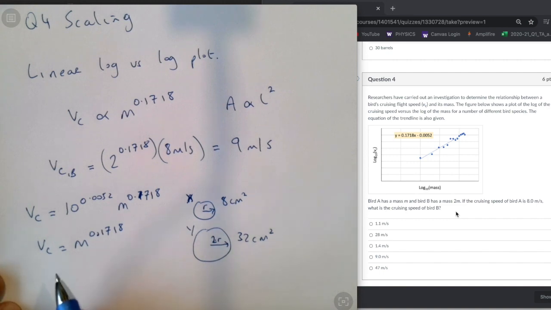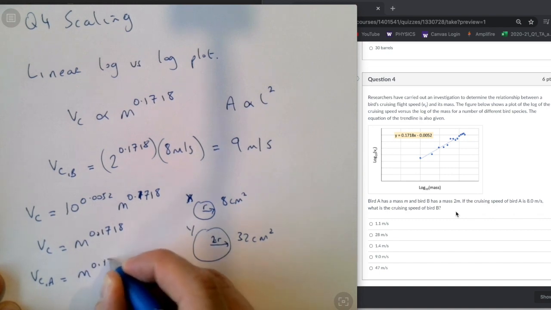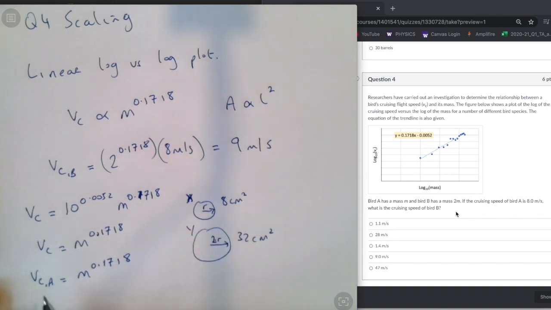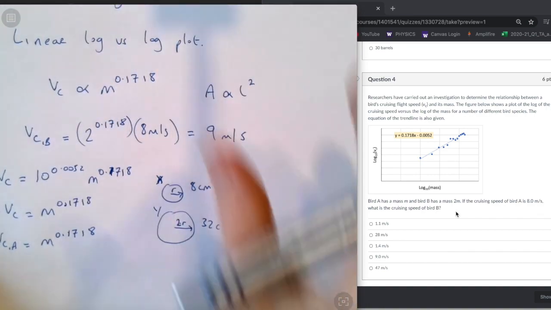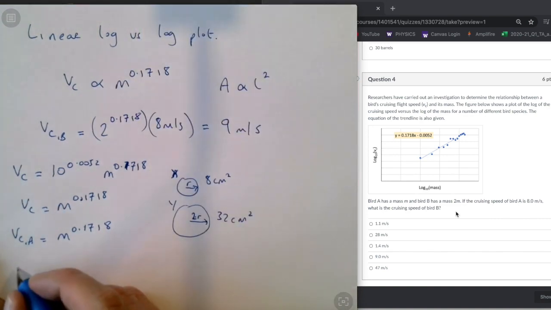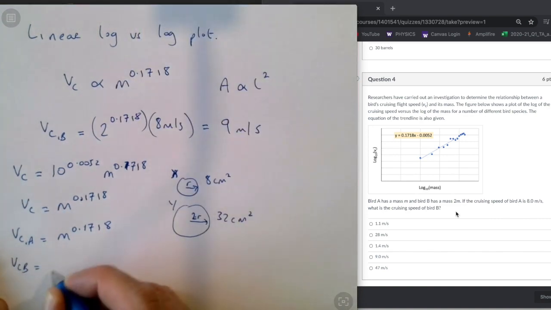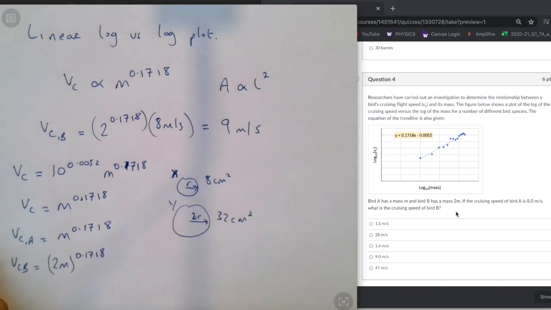So what I can say is that VC of bird A is m to the 0.1718, and then VCB is 2m raised to the 0.1718.